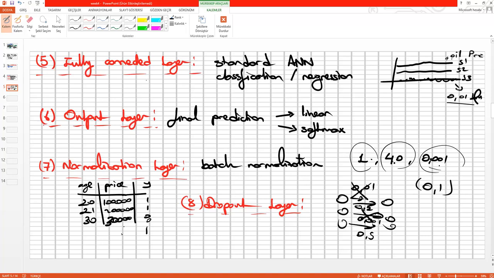And dropout layer is used to eliminate this kind of connections in your patterns.